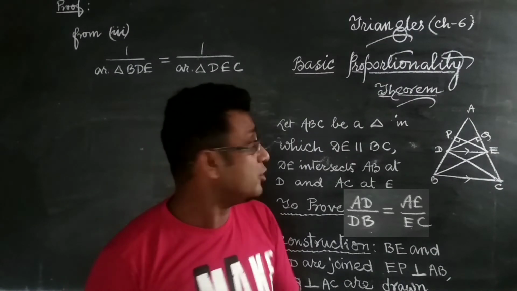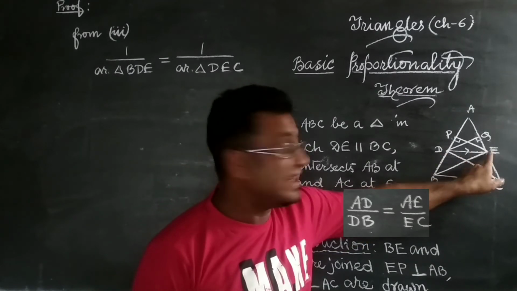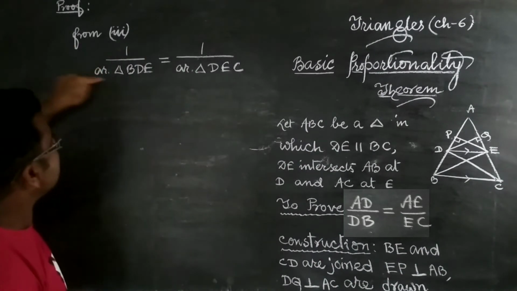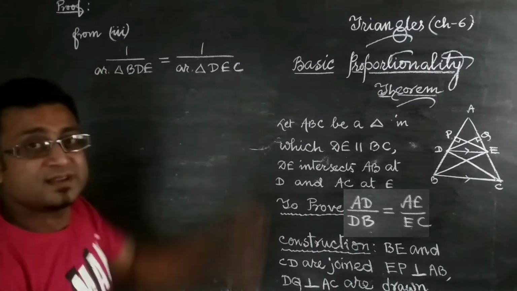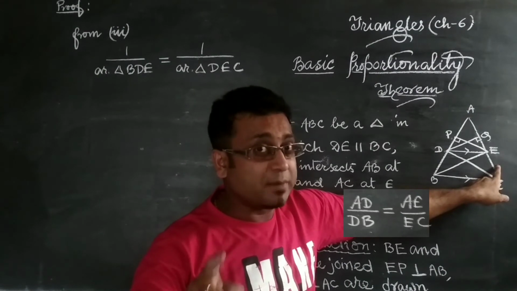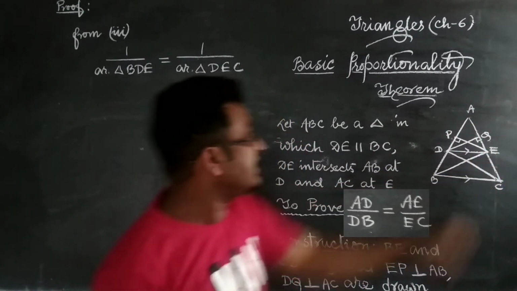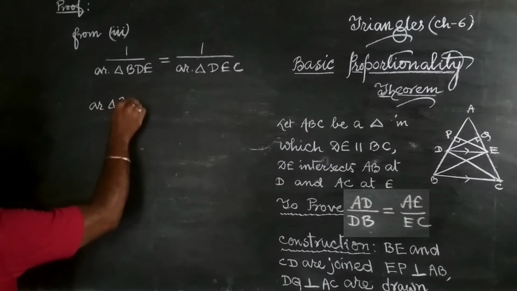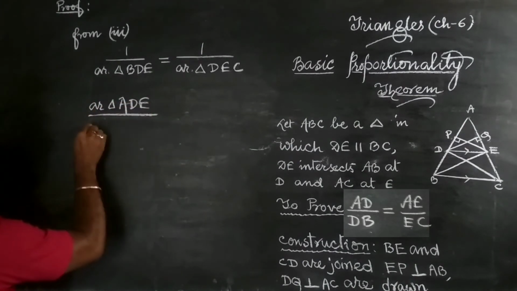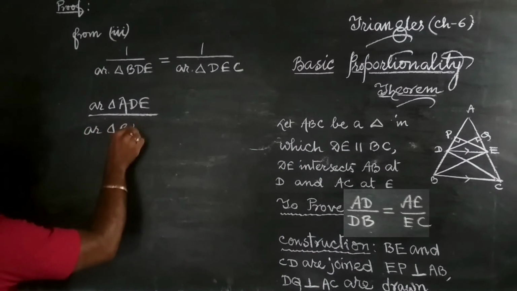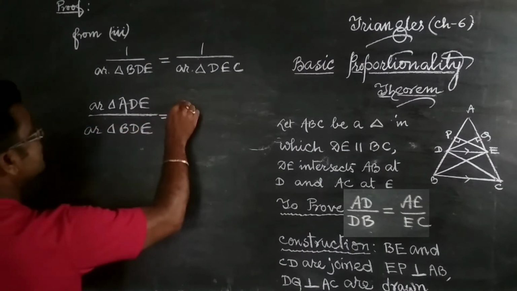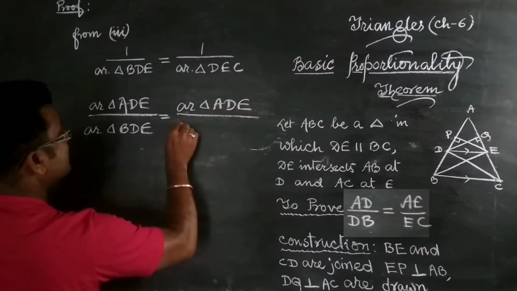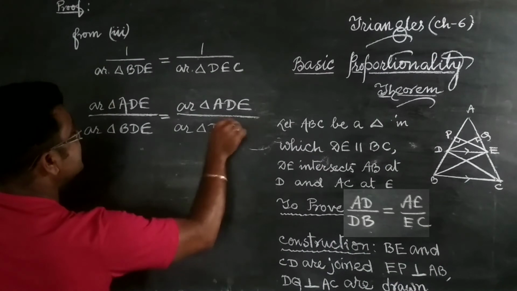From equation 3, we got area of BDE and area of DEC are equal. If we take the reciprocal of them, I get 1 by area of BDE equal to 1 by area of DEC. Now multiply both sides by the area of the upper triangle ADE. So I get area of triangle ADE by area of triangle BDE equals area of triangle ADE by area of triangle DEC.